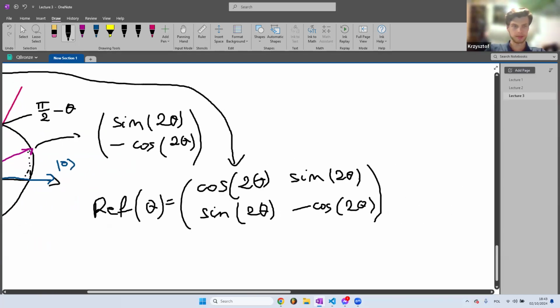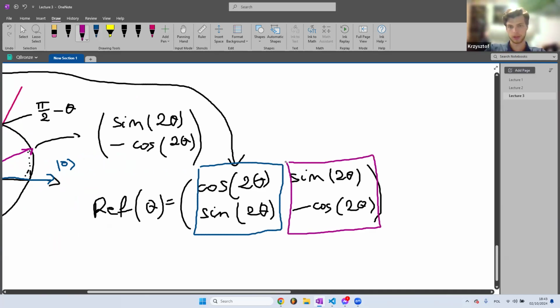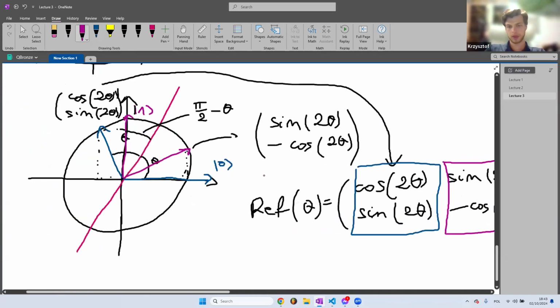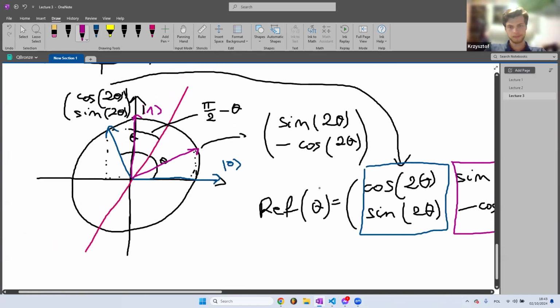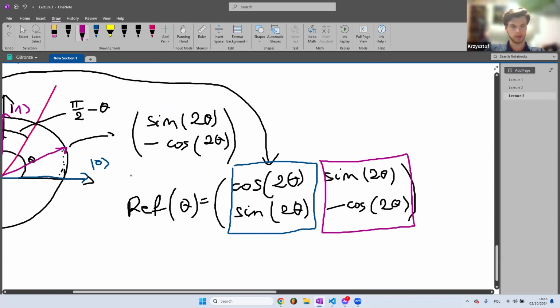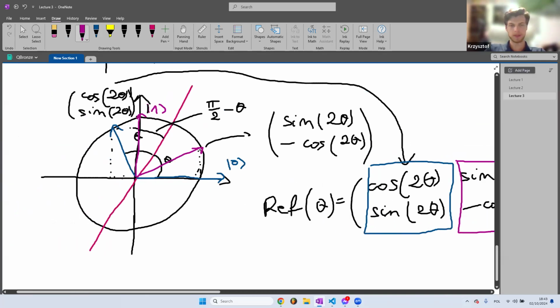So this is where the 0 vector lands and where the 1 vector lands. This is a general formulation of the reflection about a line at a certain angle.